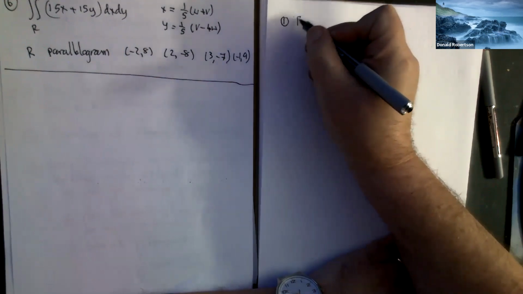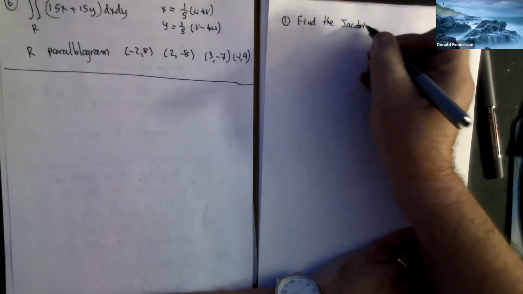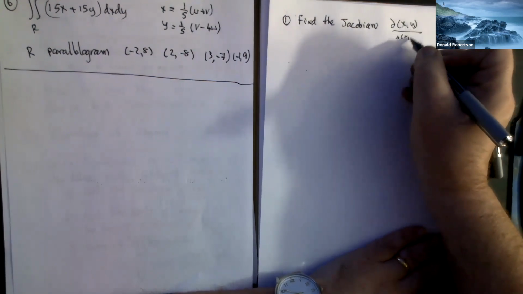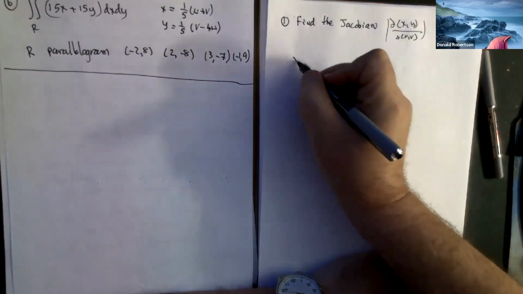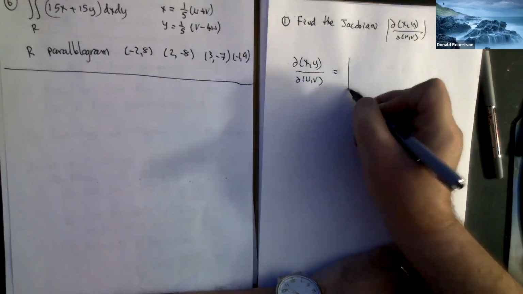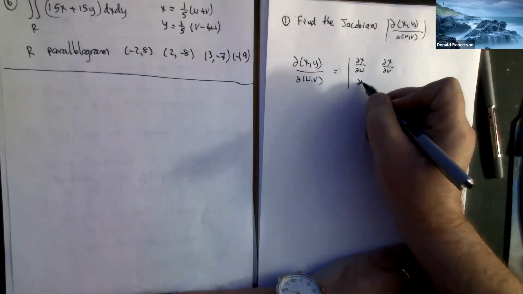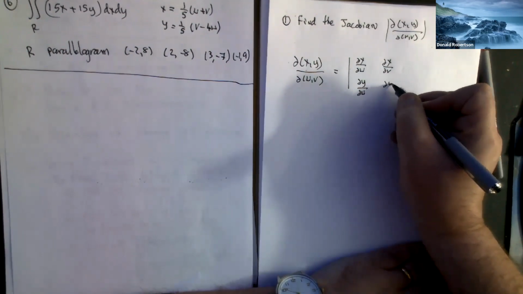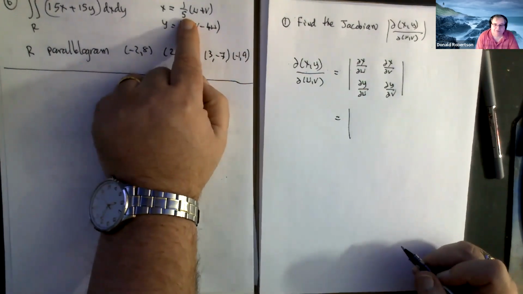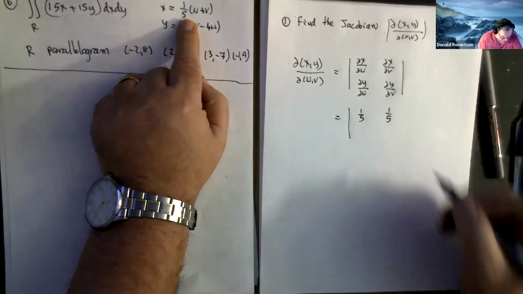Step 1 is going to be to find the Jacobian. So it's a derivative, essentially. Partial derivative of x with u, and then with v, partial derivative of y with u, and then v. If you differentiate this guy with respect to u, you get 1/5, and with respect to v, you get 1/5.